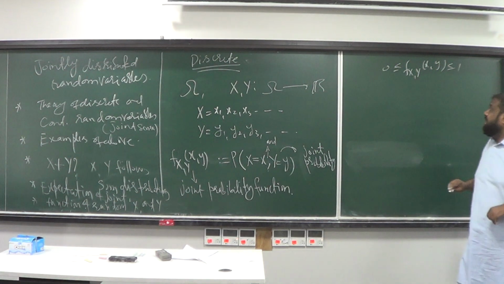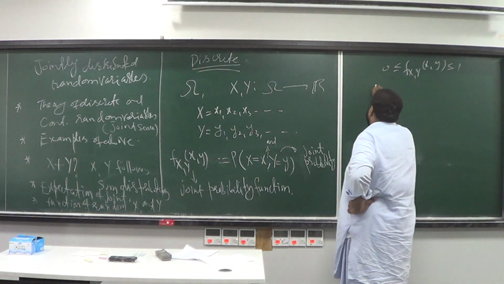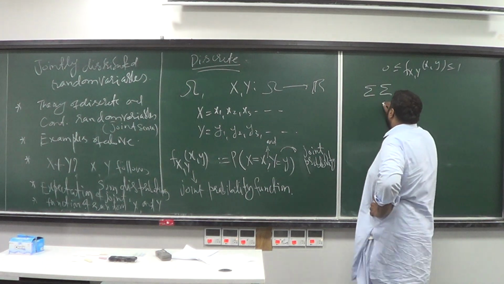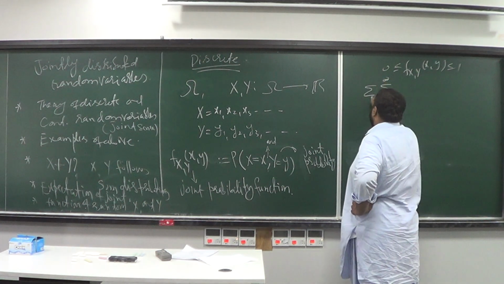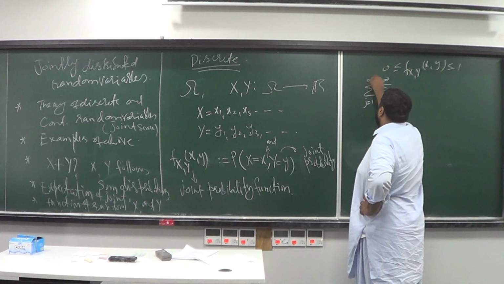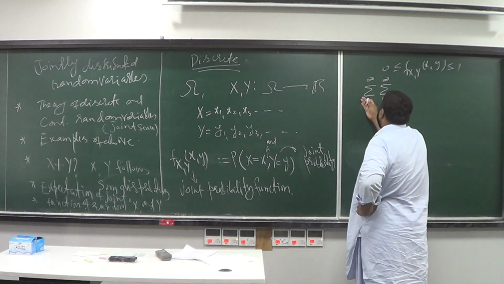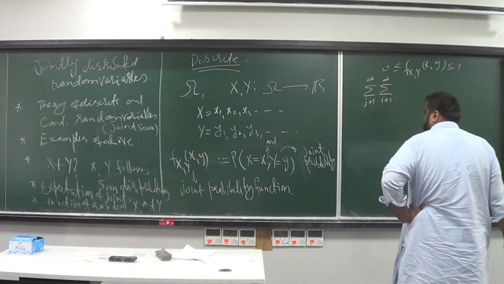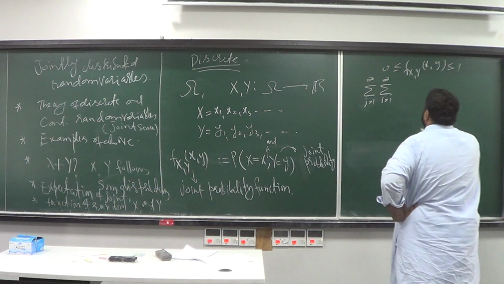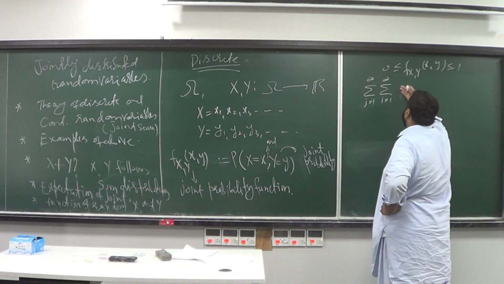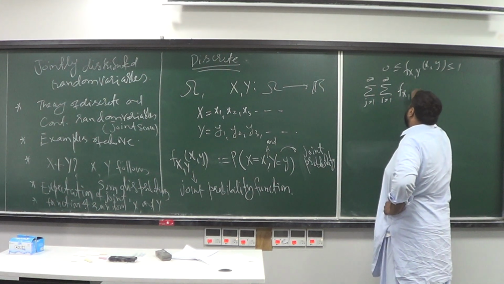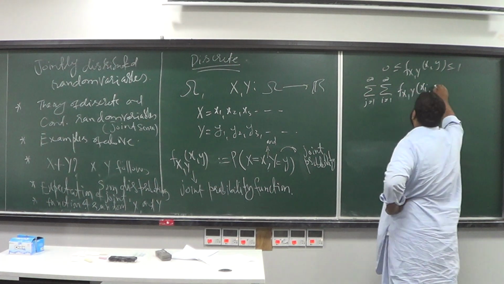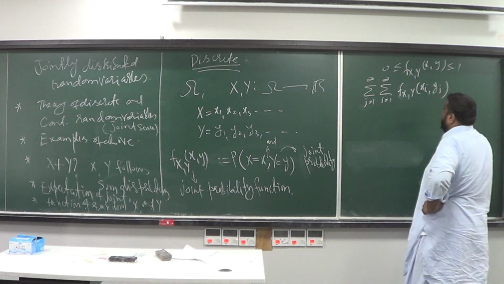Okay, that's one of the things. And the second thing is that the double sum of the probability, where i goes from 1 to infinity and j goes from 1 to infinity, of the probabilities of x, y, where x is evaluated at xi and y is evaluated at yj.